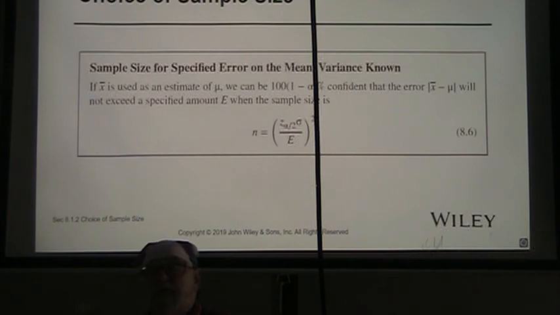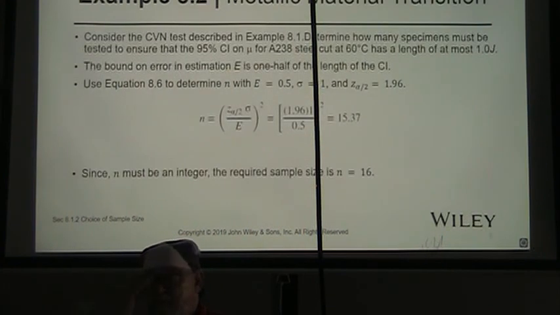Now we've seen how we calculate a sample size for a specific error. And here we have an example, extending example 8.1. Consider the CVN test described in example 8.1.